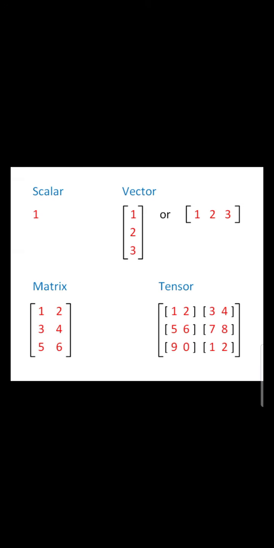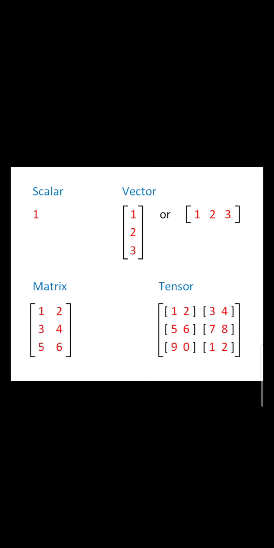We have another example, visualized with simple numbers. Suppose we have a scalar quantity. A scalar quantity is described only by some magnitude, just like a 1.